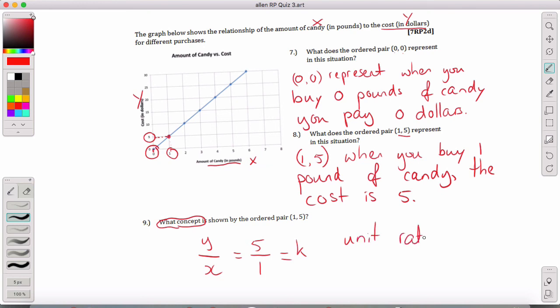Unit rate is 5 over 1. I can also call this K is 5. Or I can also call it my constant of proportionality. That is my constant of proportionality.